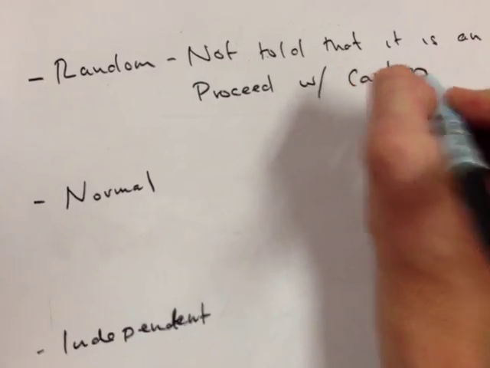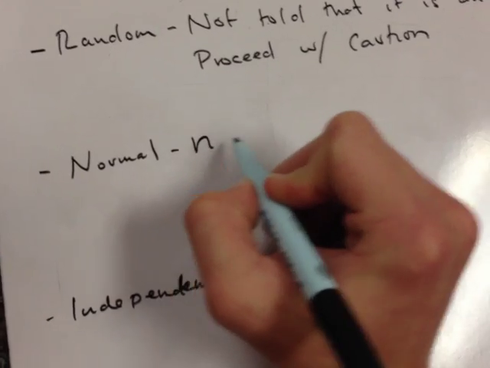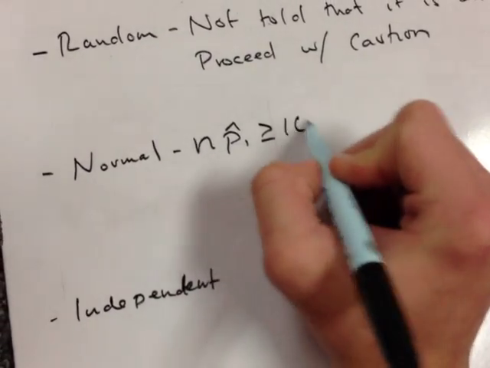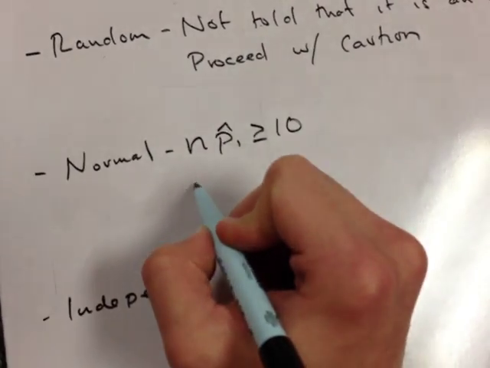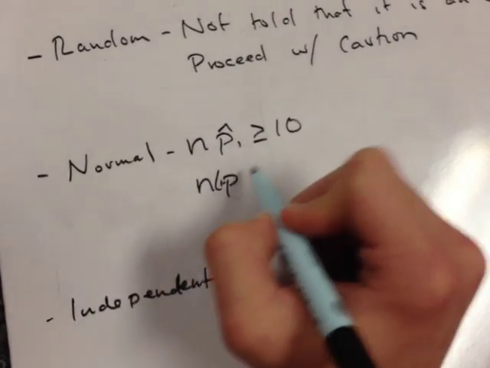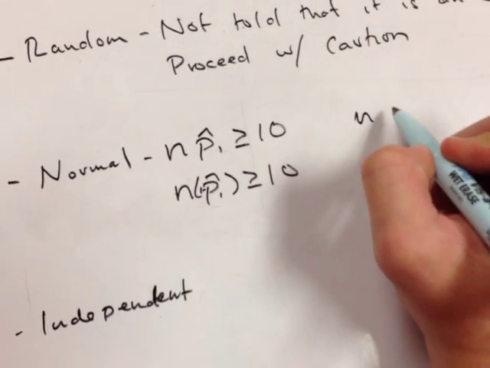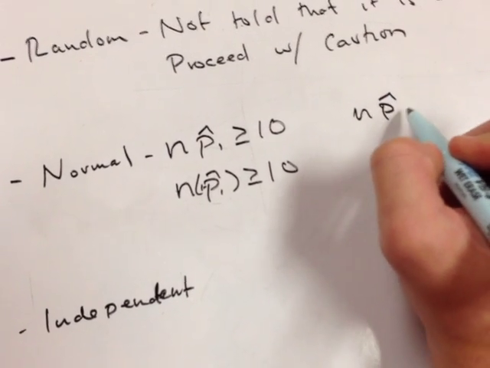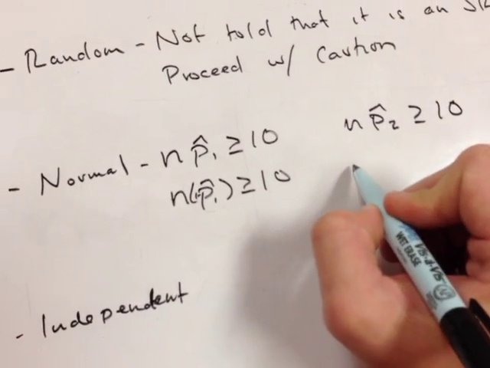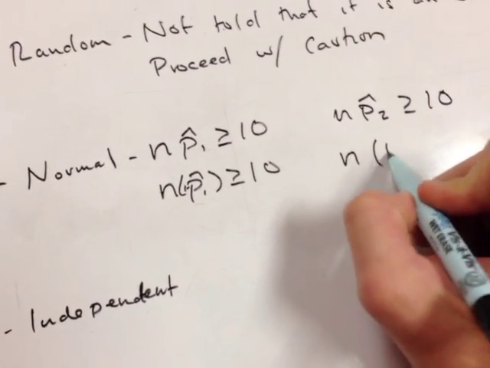For normal, we have to make sure that for both proportions, n times p hat 1 is greater than or equal to 10, and n times 1 minus p hat 1 is greater than or equal to 10, as well as n times p hat 2 and n times 1 minus p hat 2.